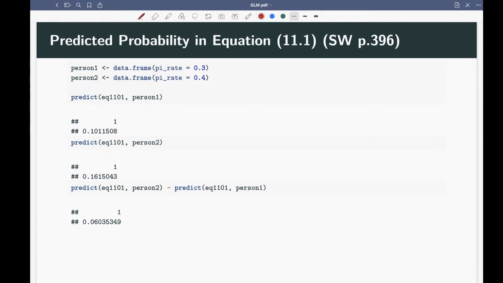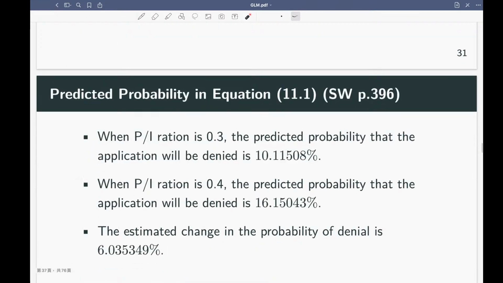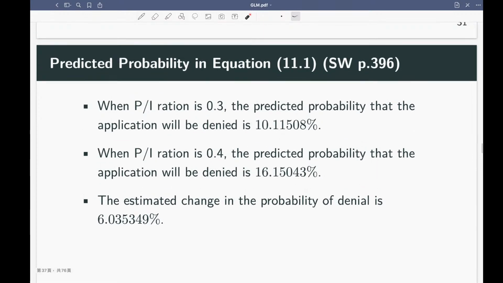First is a model and input x. For model 1, we have this predicted value. For the person 2, we have this value. And their difference is like this. So we can write down this.